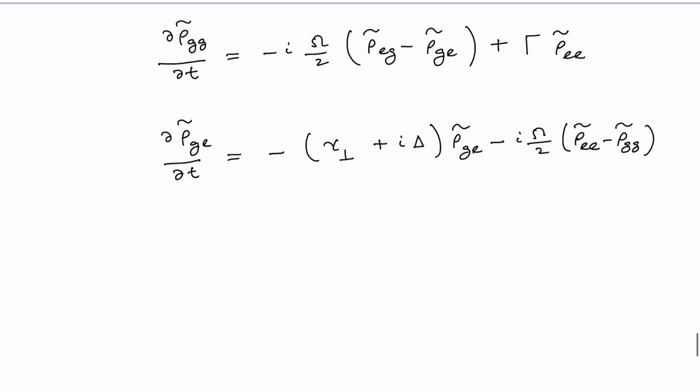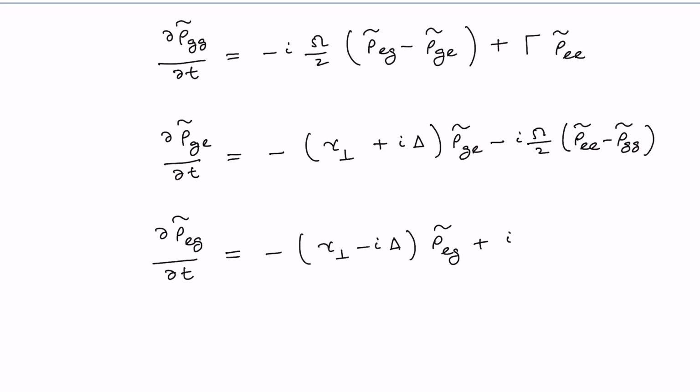And then I have the derivative of rho tilde EZ, which is basically the complex conjugate of the previous equation. Then you will get this equation: minus gamma perpendicular minus i delta rho tilde EZ plus i capital Omega by 2.